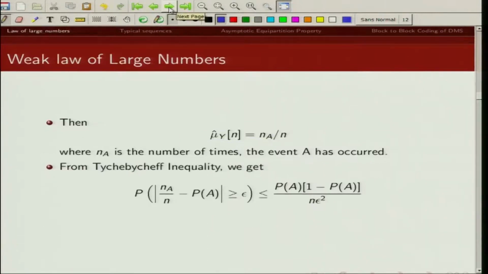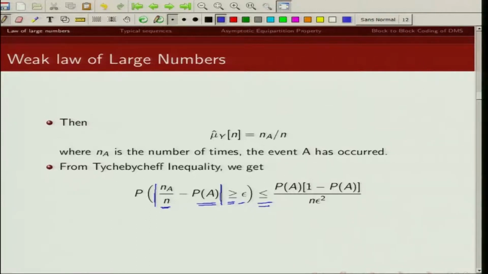Then from the Chebyshev inequality, we can write the probability that |Na by n minus its mean, which is basically probability of A|, this absolute difference being greater than or equal to epsilon, is upper bounded by variance by epsilon square, and the variance we have computed.